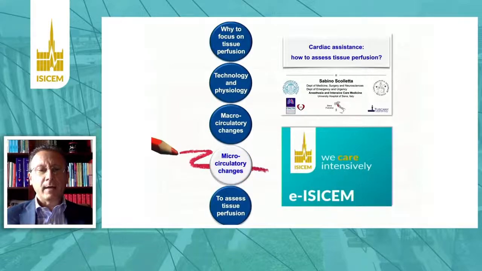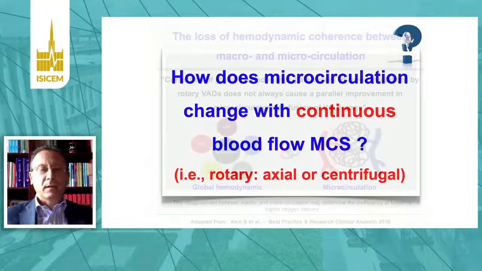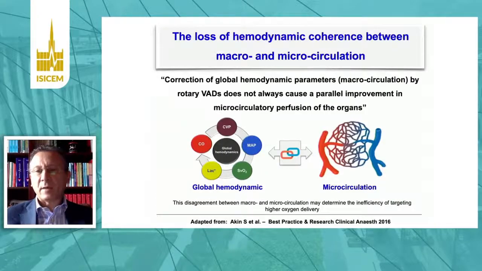So how can we assess, and how does microcirculation change with continuous blood flow VADs? The correction of global hemodynamic parameters by rotary VADs does not always cause a parallel improvement in microcirculatory perfusion of the organs.